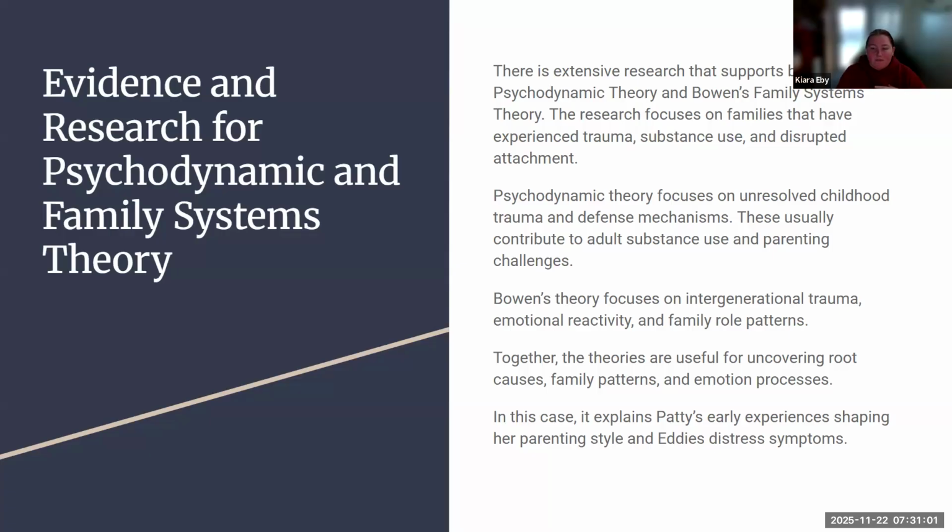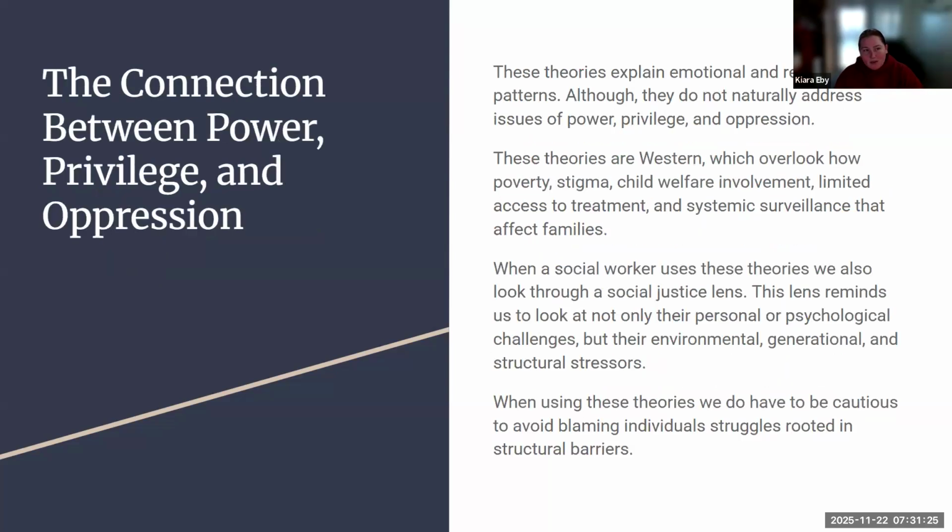Family systems focuses on intergenerational trauma, emotional reactivity, and family role patterns. Together, these can help uncover the root causes, the family patterns, and emotional processes. These theories can help explain Patty's early experiences that shaped her parenting style and Eddie's distress symptoms.